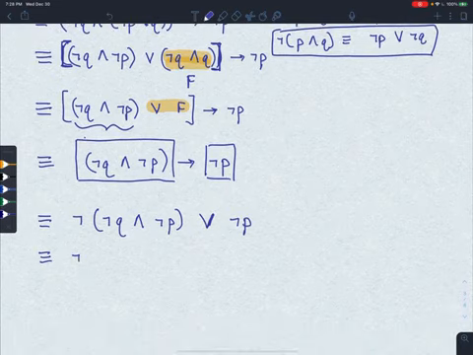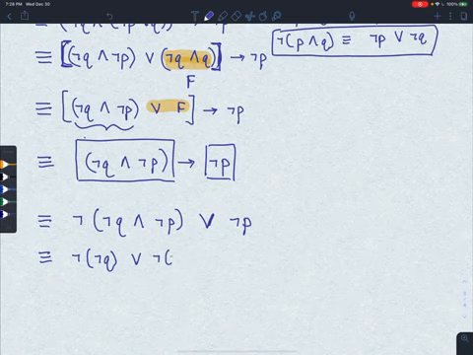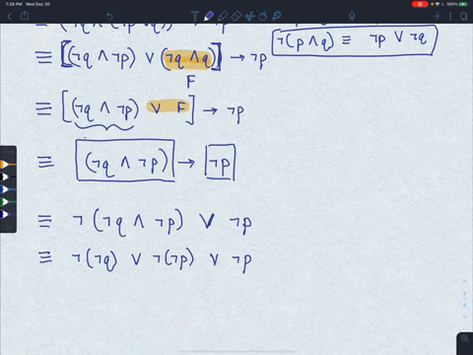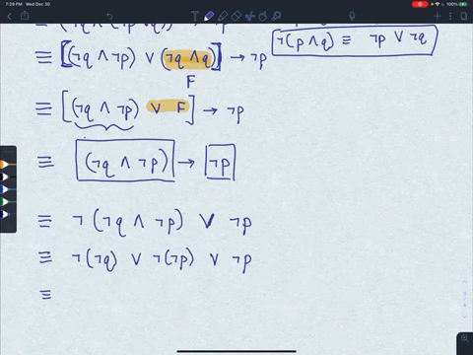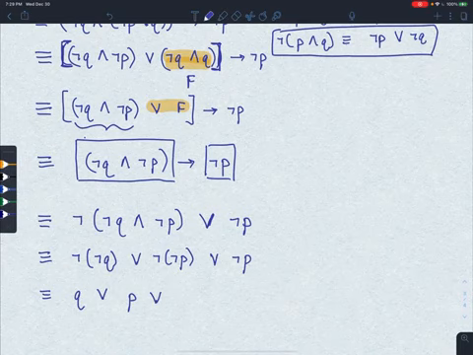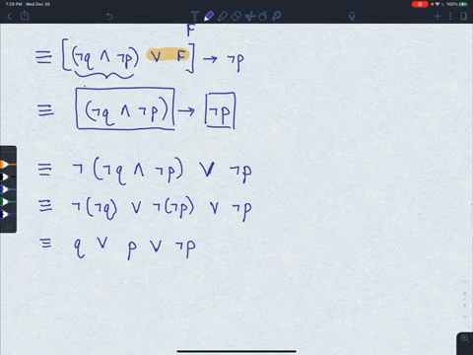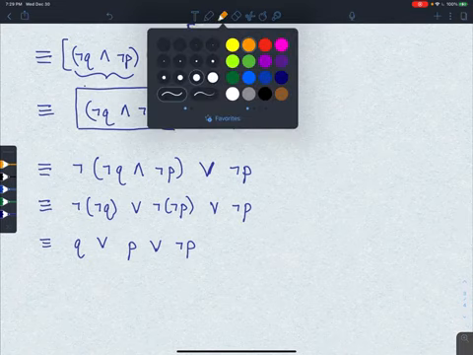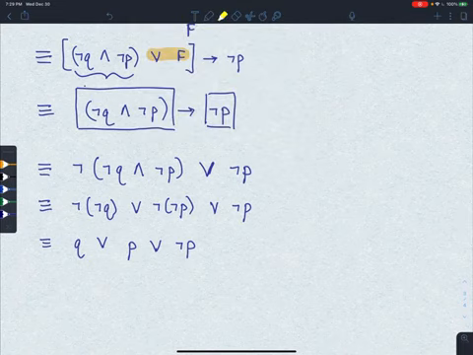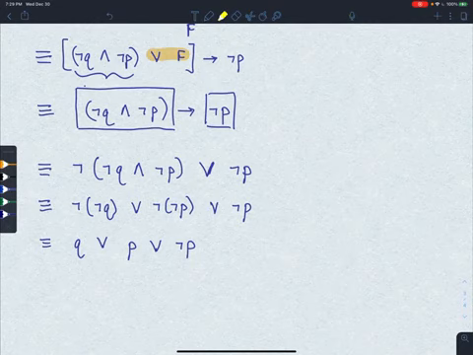So we have the negation of Q, or the negation of P, or the negation of P. By the double negation laws, we know the negation of the negation is the original. So we have Q, or P, or negation P. Now we have a string of ors, which means we can use the associative laws to take any two out of the three that we feel simplifies the best.